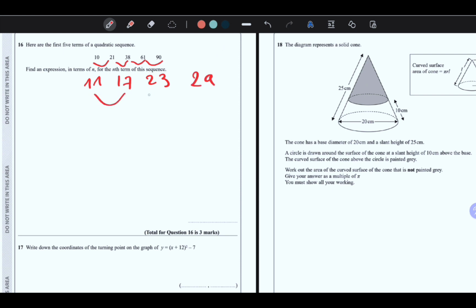Then we find the second difference, and that would be 6, 6, and 6. So we are basically adding 6.